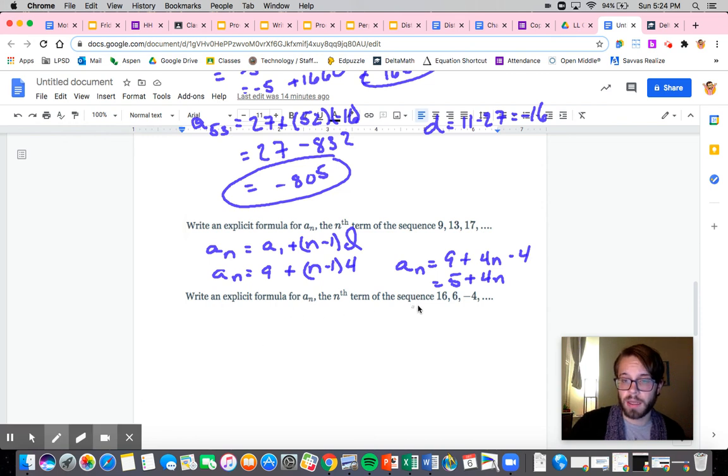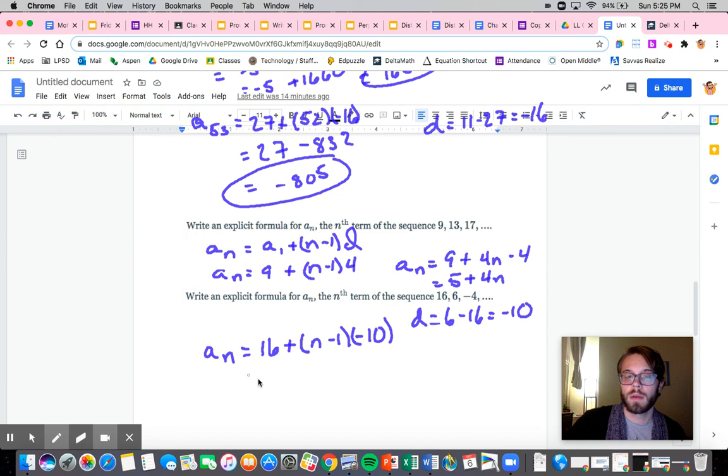All right, similarly on this one, let's find my difference. 6 minus 16 is -10. So my an is going to be equal to 16 plus n minus 1 times -10, which is equal to 16 minus 10n plus 10.